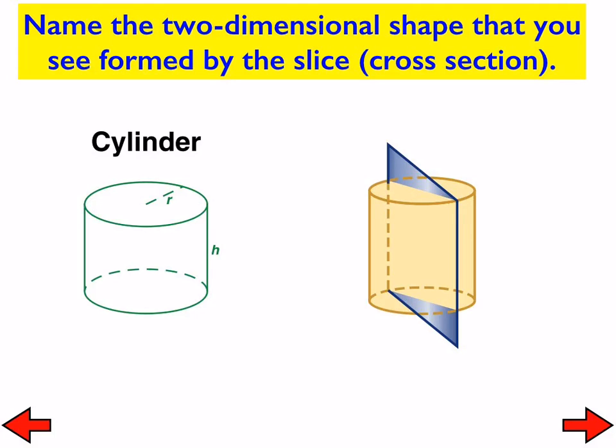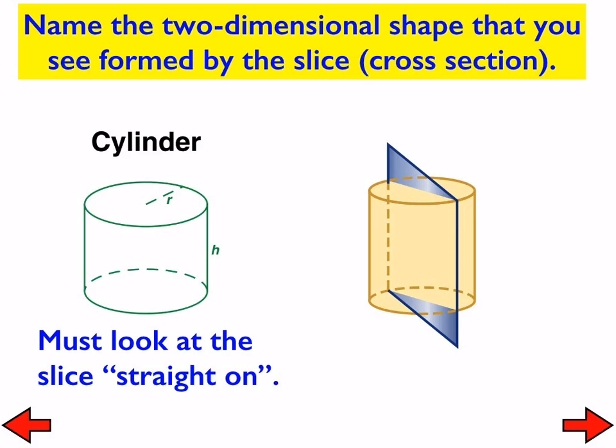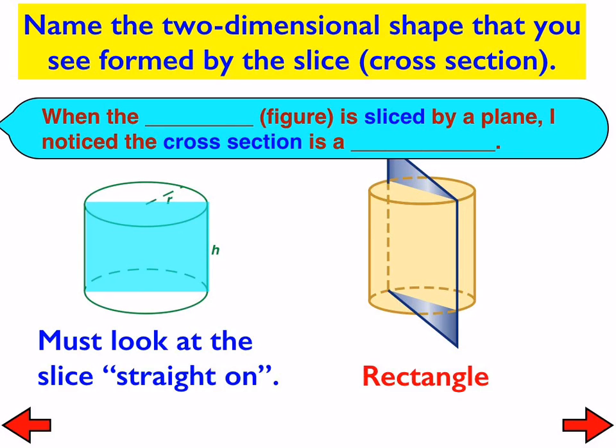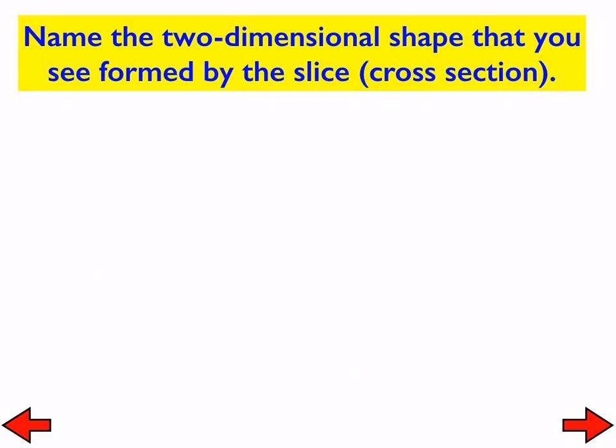And this is going to be one of those things where for some of you it's kind of hard to visualize what that is, and that's the purpose of today's activity. What is it, Jessica? It's a rectangle. And sometimes you need to kind of think of what it would look like straight on, and that was one of the things mentioned in that video. Straight on, it looks like that, and that is a rectangle.